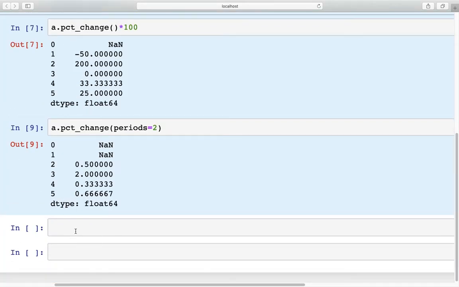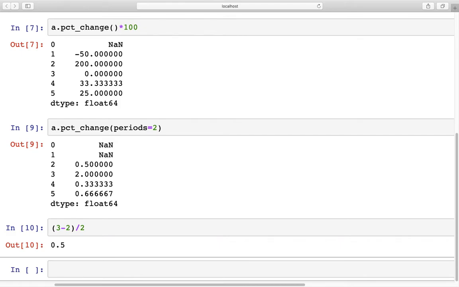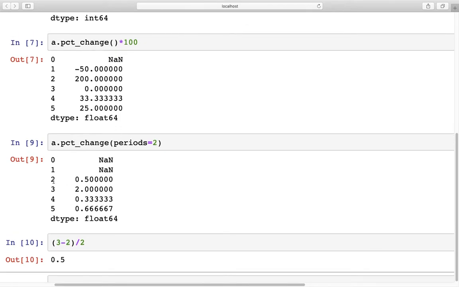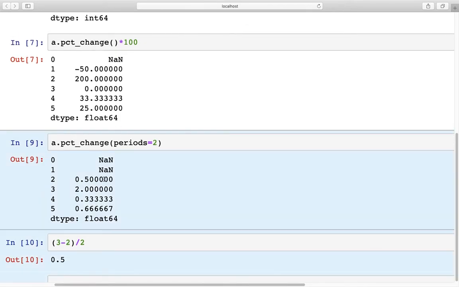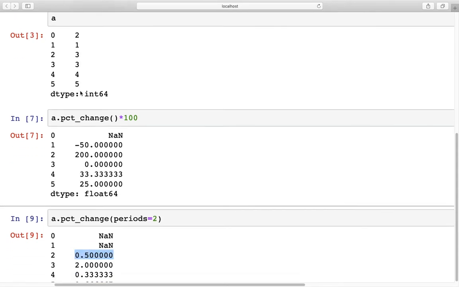So if you calculate those two numbers, 3 minus 2 divided by 2, then you have 0.5, and that's exactly what we have here. So that percentage change is from index 0 to index 2. So it's hopping over this 1 and going directly to 2.